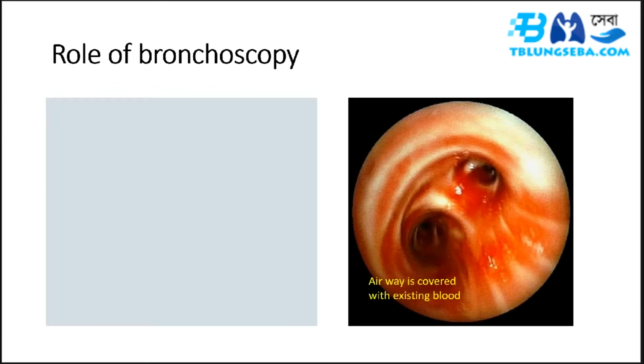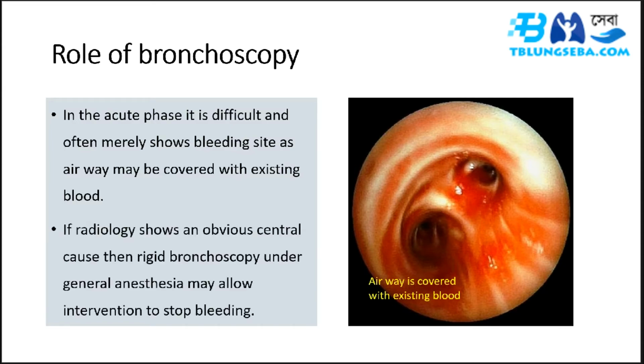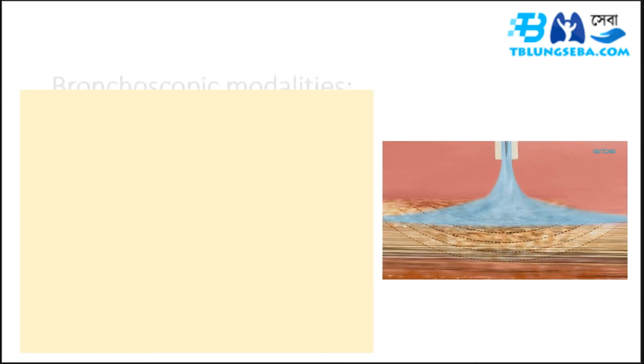Role of bronchoscopy. In the acute phase it is difficult and often merely shows the bleeding site, as the airway may be covered with existing blood. If radiology shows an obvious central cause, then rigid bronchoscopy under general anesthesia may allow intervention to stop bleeding.